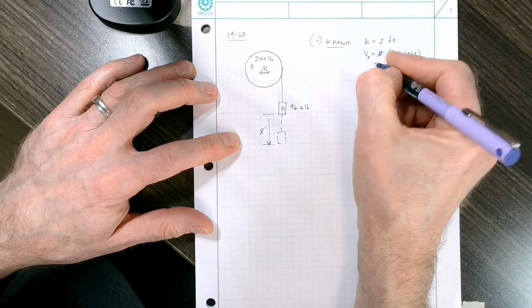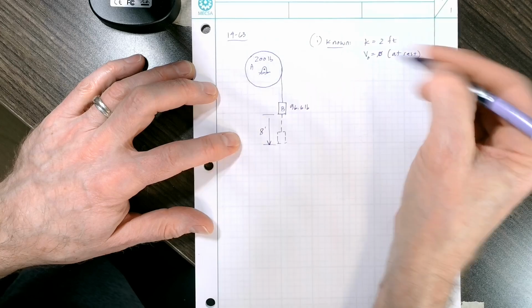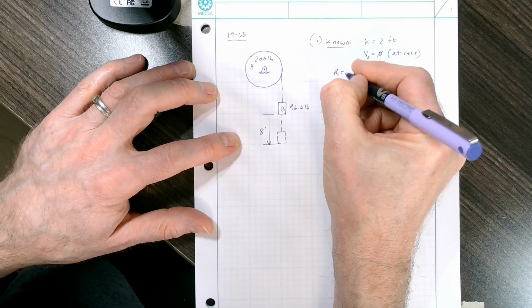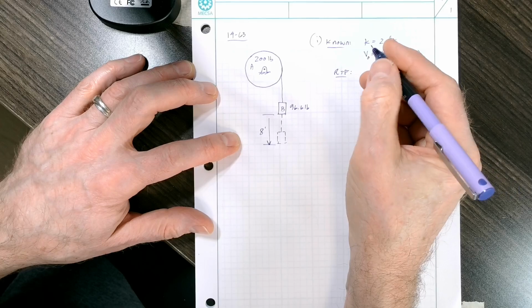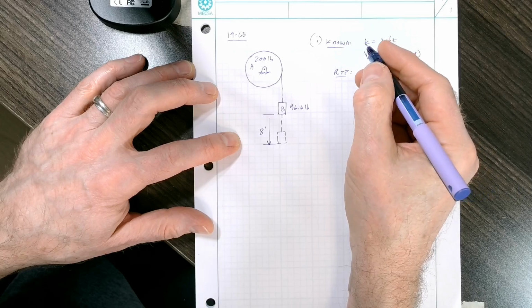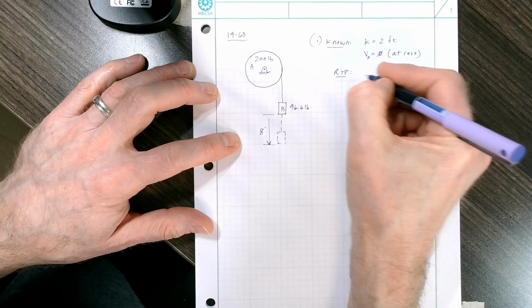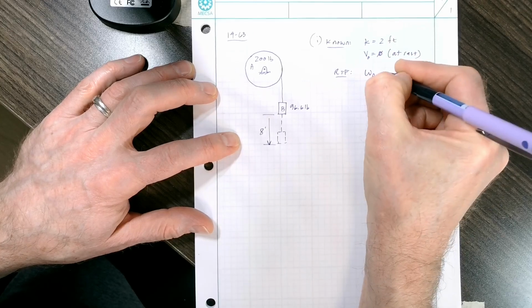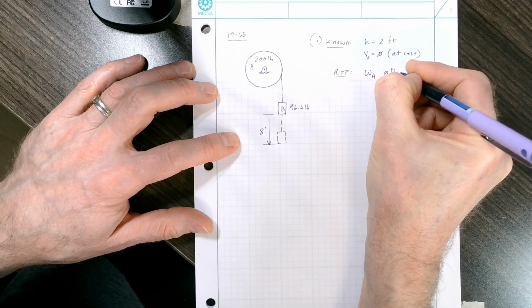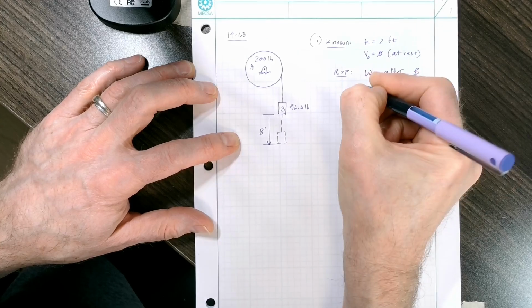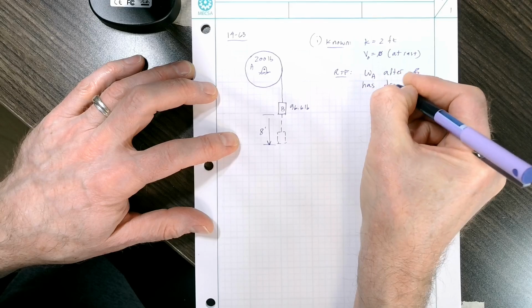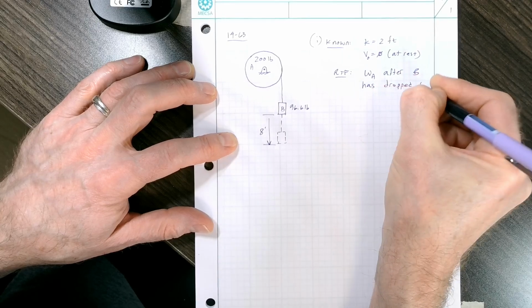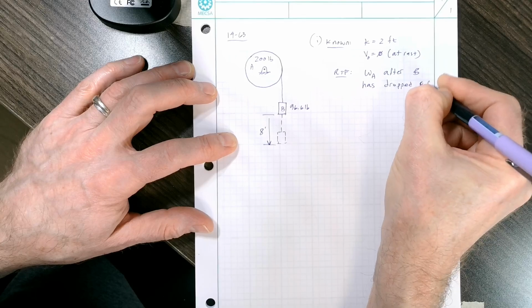Weight of A and weight of B are given there. Find the angular velocity of A, omega A, after B has dropped 8 feet.